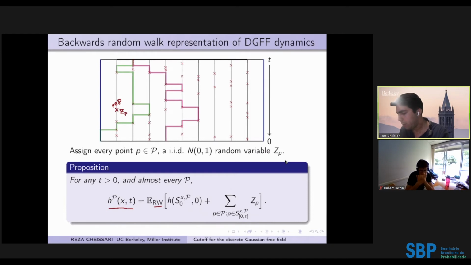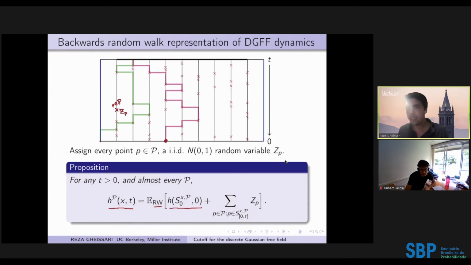And the second term is just a sum of all of the Gaussians that the random walk encountered. You think of it as an average over random walk trajectories of, as it goes along this Poisson field, every time it hits a ring, it collects an IID Gaussian. The IID Gaussians are assigned to the clock rings.